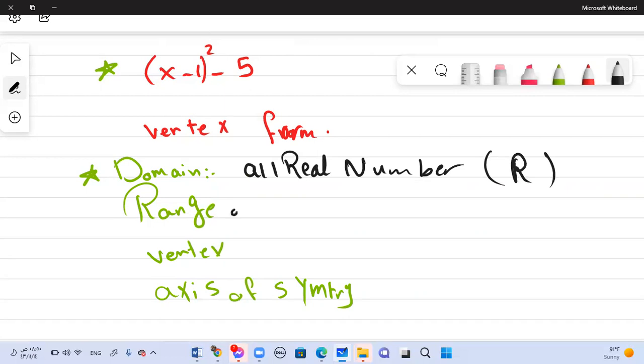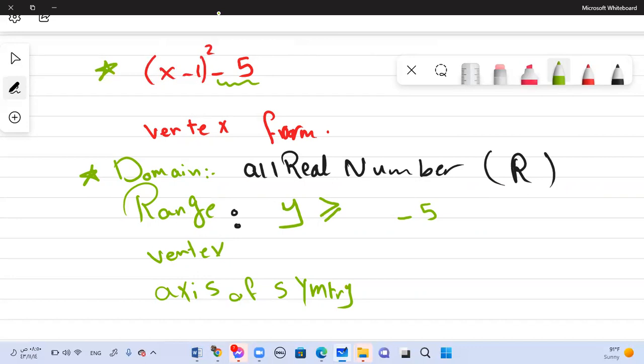For the range, we should write y at the first. What about the number here? It is negative 5, so write negative 5 here. If the number is positive, then y is greater than or equal to. Look at the y-axis, the little y.